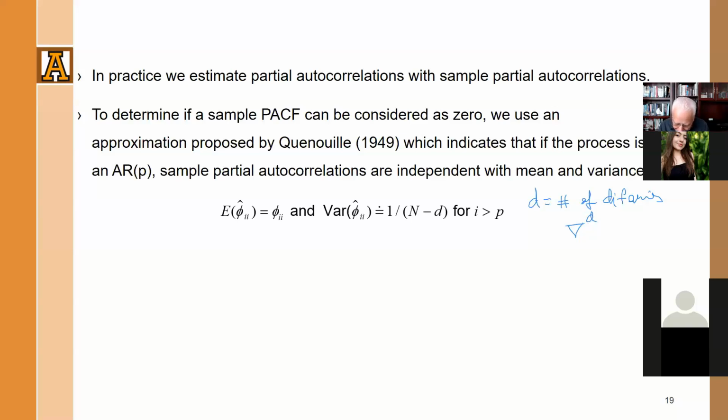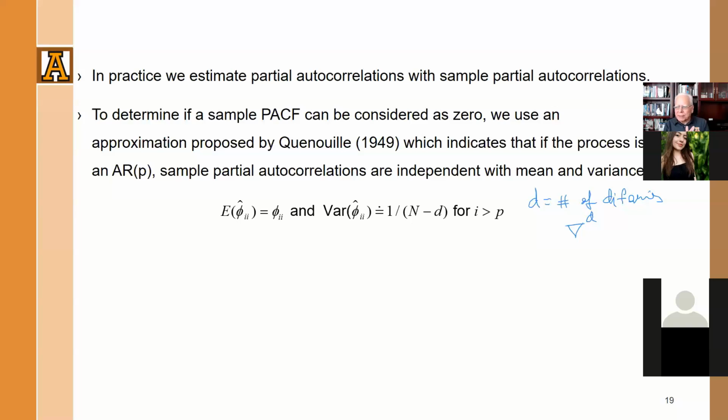For now, since we haven't talked about differencing, the variance will be just approximately 1 over n. That will be the variance for i greater than P. Given that it's an AR process of order P, the variance of the partial autocorrelations will be approximately equal to 1 over n.